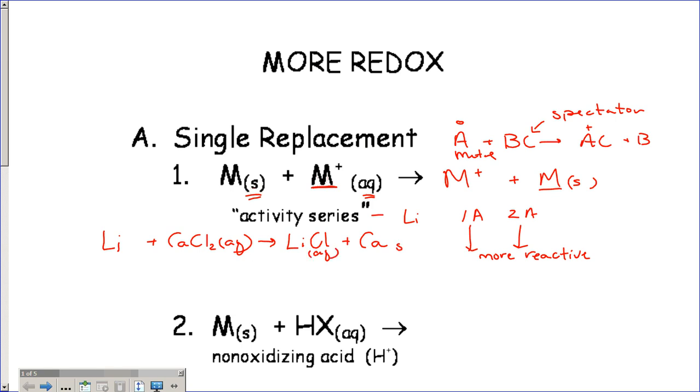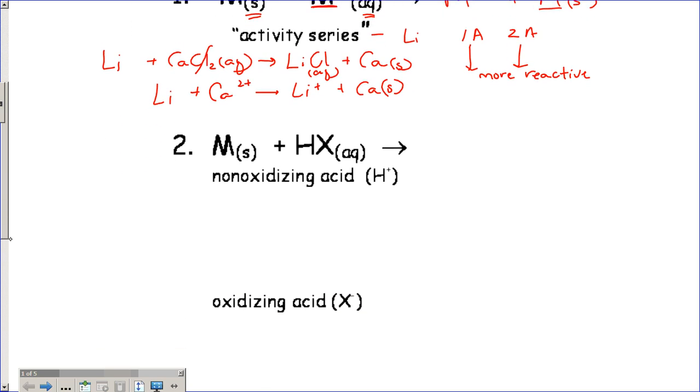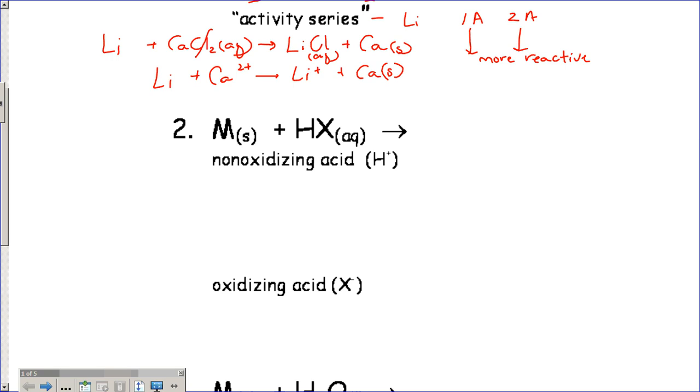The net ionic equation gets rid of that chloride spectator ion, so we have lithium solid reacting with calcium ion to form lithium ion and calcium solid. If you want to write molecular equations there, you can do that and then cancel spectator ions. But because it's occurring in solution, net ionic equations are required.